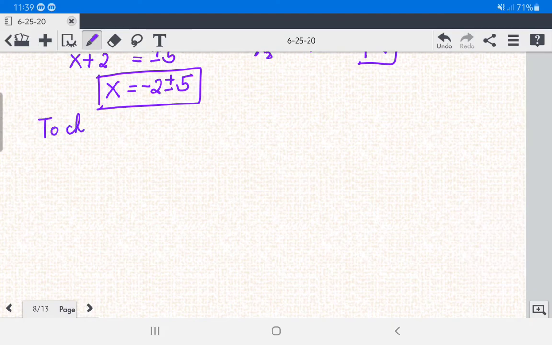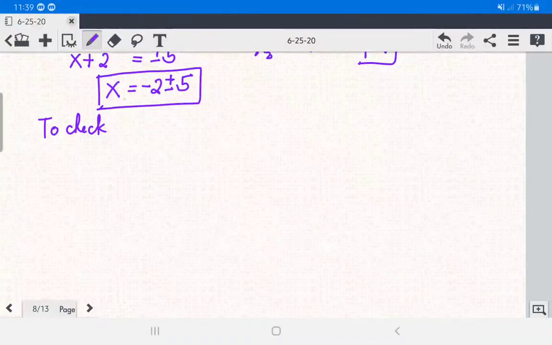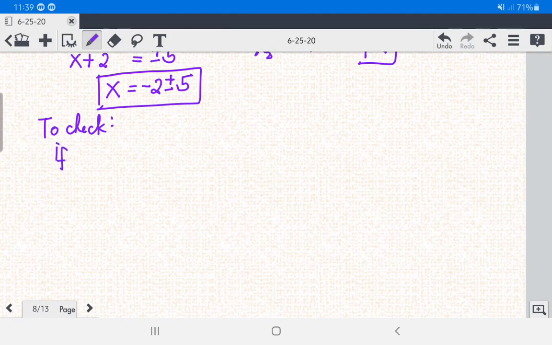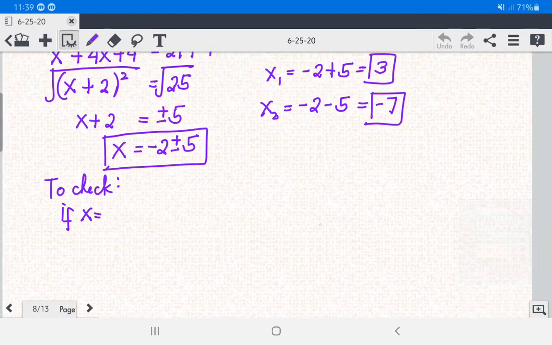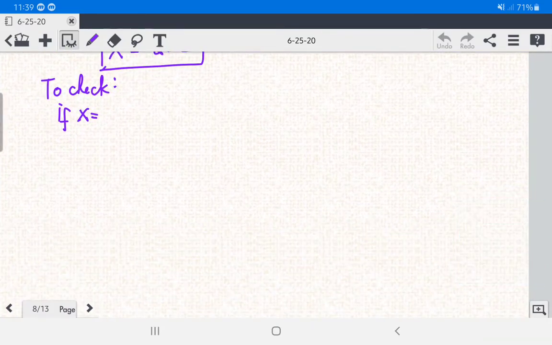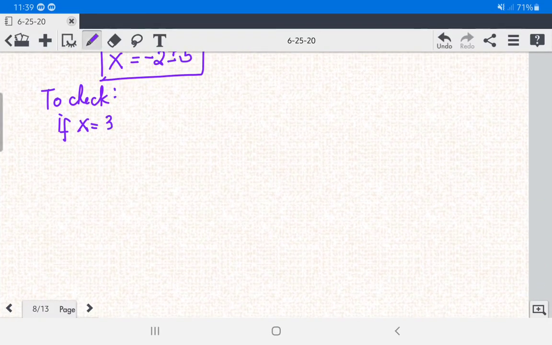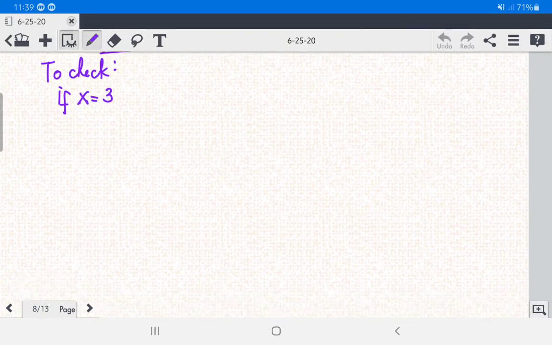So to check if x is equal to 3, then, again, using the original equation, so we have x squared plus 4x minus 21 equals 0. So you substitute the value of x, which is 3, to the equation.